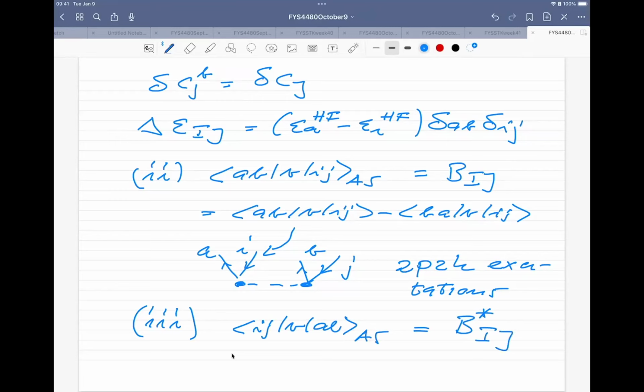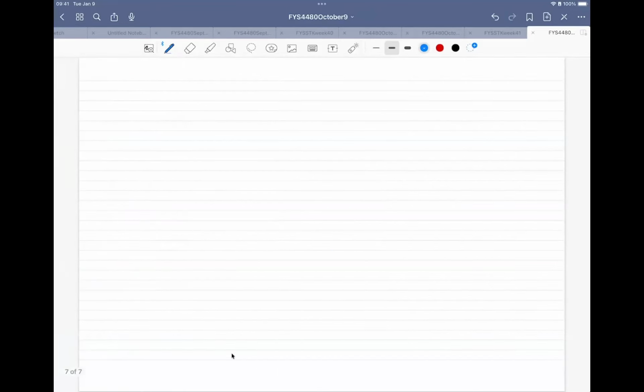So then what I can do is actually to write this term which we looked at. So this delta E is something which I can write out as a sum over I and J instead of a sum over particle-hole states A, B, and I, J. And then what I'm going to get is a delta C_I complex conjugate, and then there is a delta C_J.